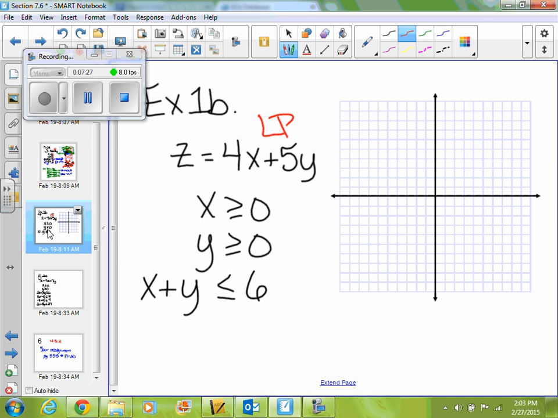So x is greater than or equal to 0. Okay, so x is equal to 0 where? My y-axis, yes? Everyone agrees x is equal to 0 on your y-axis. So if x is greater than 0, am I shading to the left or the right? To the right, because that's where my x values are bigger than 0.